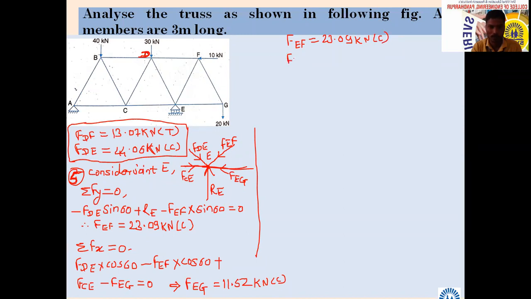And FEG equal to how much? 11.52 kilonewton, which is again compressive.